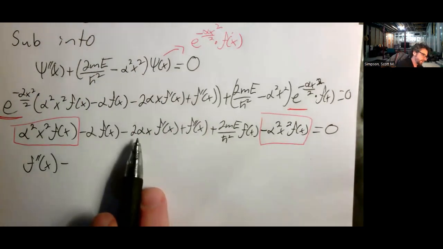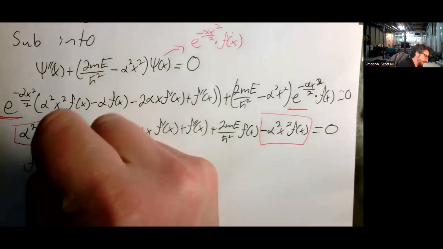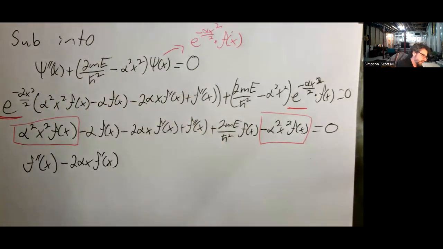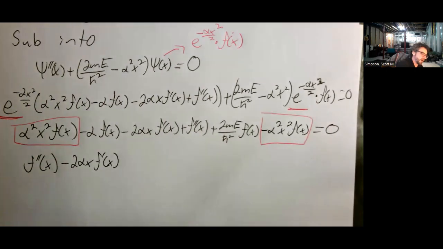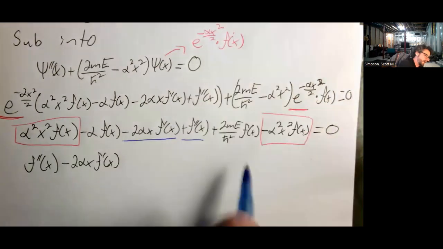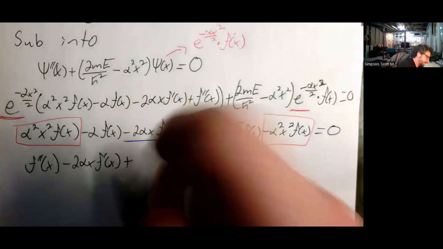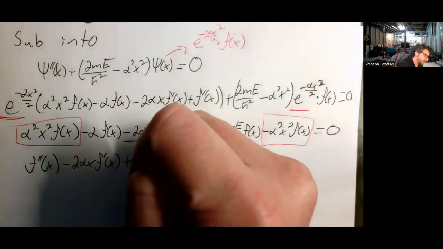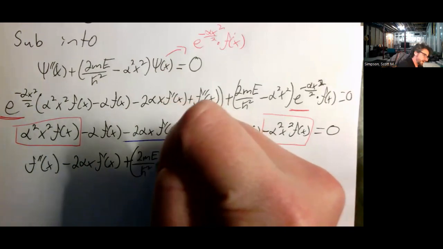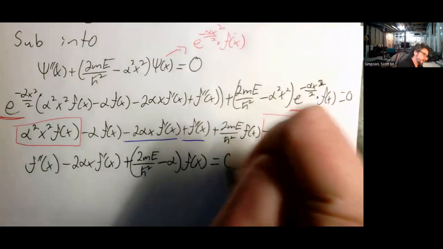We only have that guy that's a single prime. So we get 2 alpha x f prime of x. So we've gotten that one. Let's keep track of the ones we're taking care of. We've gotten that guy out, that guy out. Now we just need to combine these two. Since they both have f of x in there, we get 2me over h bar squared minus alpha, all times f of x, is equal to 0.